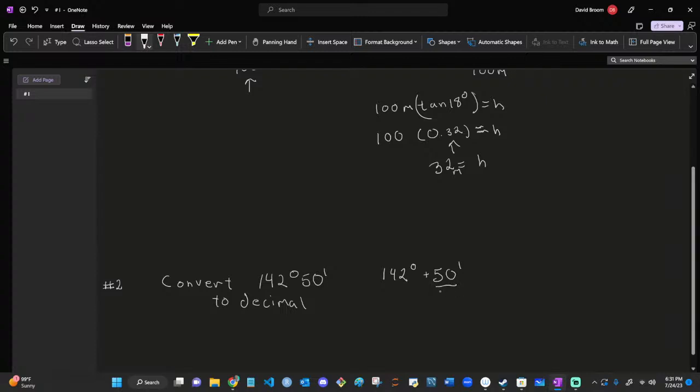So here, 50 divided by 60 ends up being 142 plus 0.8.